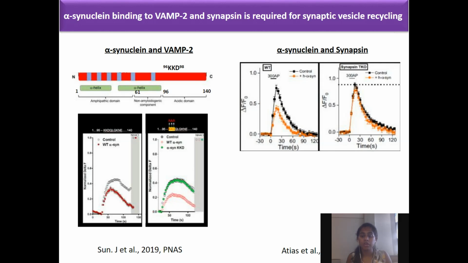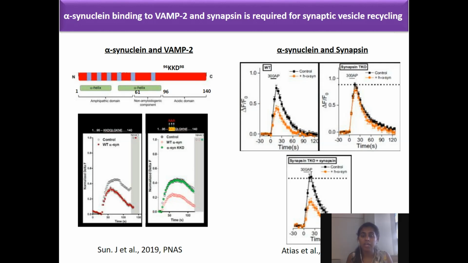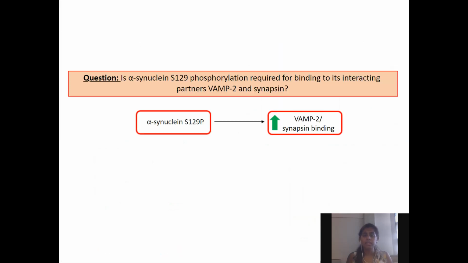Now, in this context, if we reintroduce synapsin 1 and also overexpress alpha-synuclein, this suppression is restored, suggesting that the interaction between alpha-synuclein and synapsin is also essential for this function in synaptic vesicle recycling. So we showed that alpha-synuclein phosphorylation increases as a result of neuronal activity. Does this increased phosphorylation result in increased binding with both VAMP2 and synapsin?